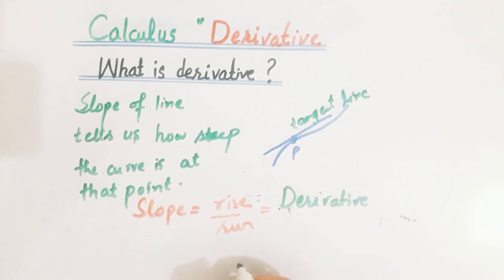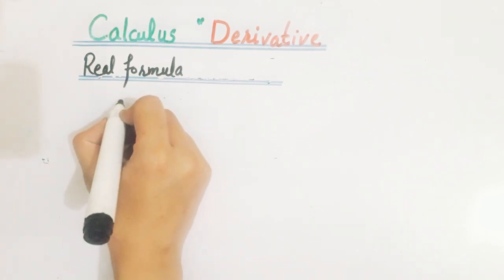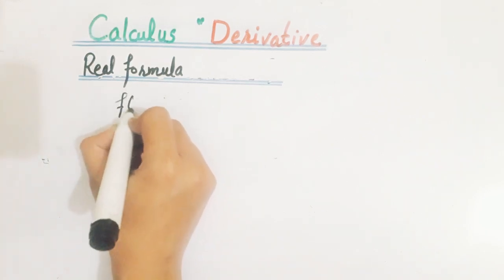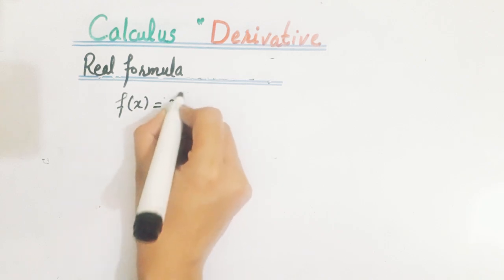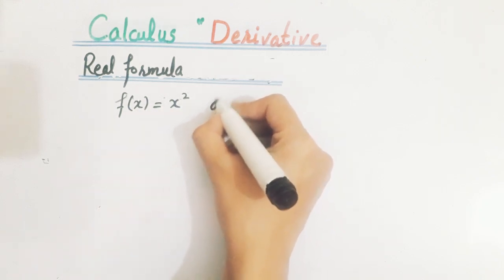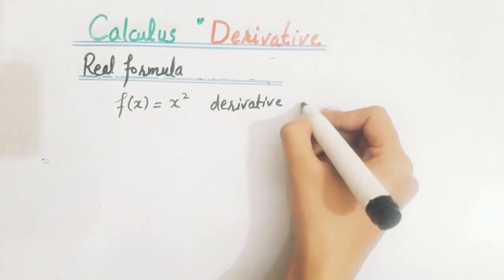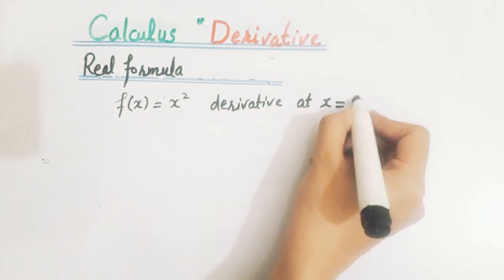Now I will tell you a real formula to calculate the derivative. First of all, consider a function. Let's suppose f of x equals x square. You have to calculate the derivative at x equals 2.